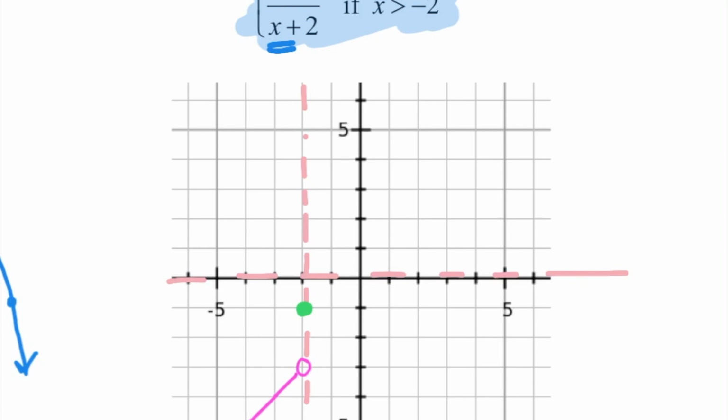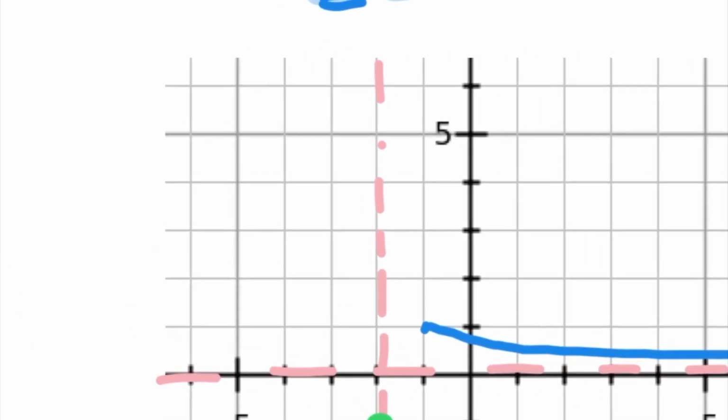And so the blue portion of the graph then is going to be here, all the numbers greater than -2, but that also includes this part of the graph that goes up toward the asymptote.